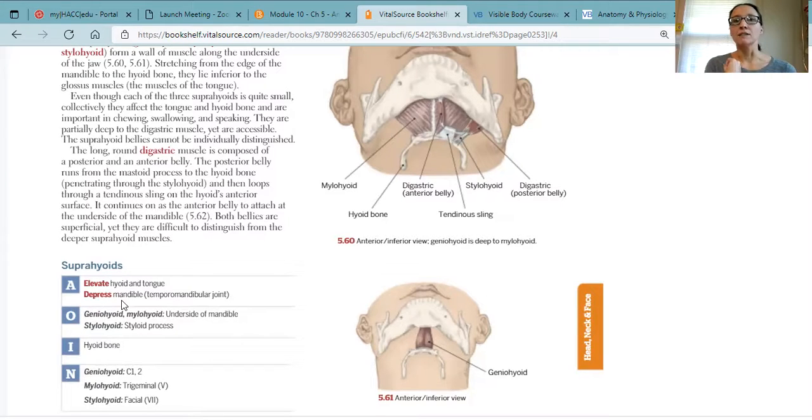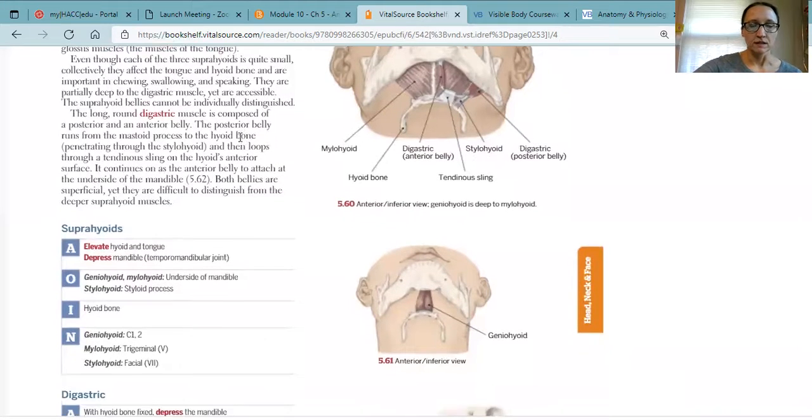Versus the temporalis and masseter, which elevate the mandible. And the suprahyoids can also elevate the hyoid and tongue. So again, they are important in chewing, swallowing, and speaking. I am not going to have you learn the origins and insertions, only the actions, okay? Because like I said, they're a little weird.